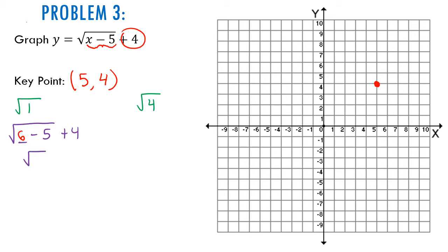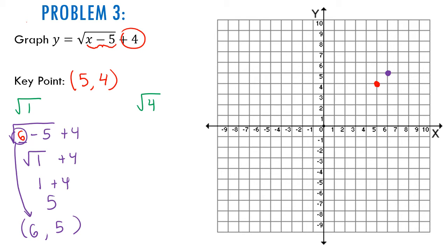So I would have square root 1 plus 4, and the square root of 1 is 1. Add 4, we get 5. So our next point is 6, comma 5. Once again, that number is going to be the x value for us. So 6, 5, so we'll have a point right here.